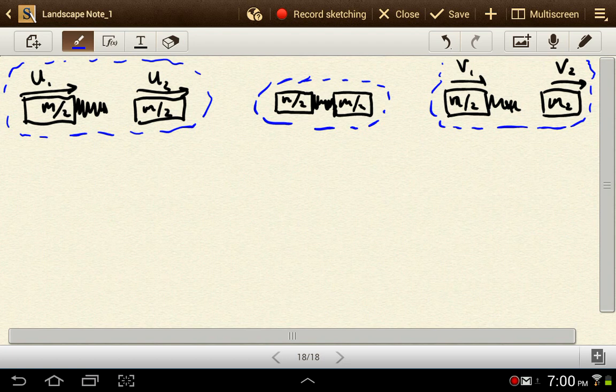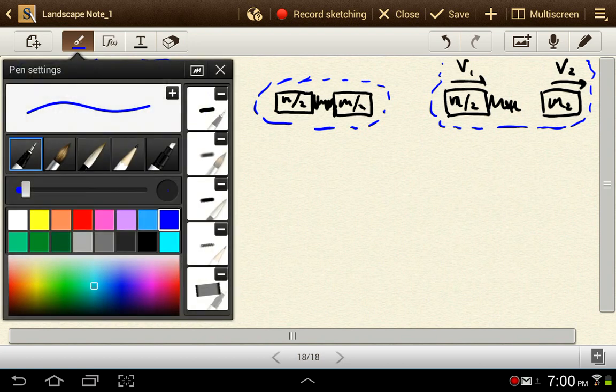If you think about it for a moment, you realize the answer is no, because the normal force from the ground and gravity cancel each other out. So the only other forces on the carts are the forces the spring exerts.